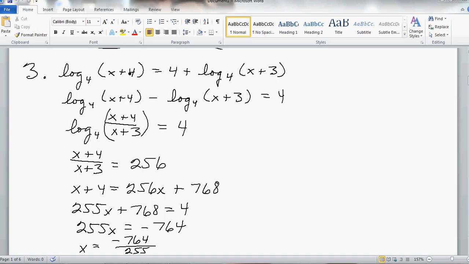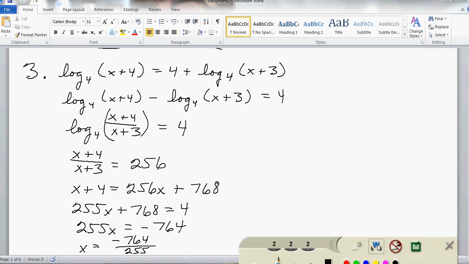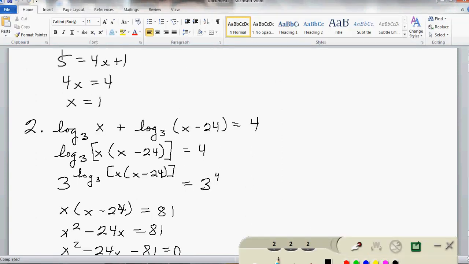So about negative 3 plus 4, yeah, that's still positive. It's slightly greater than negative 3, so this would be negative 2.9 or something like that. Plus 1, yeah, it's still positive, and so that does work. And so the final answer is negative 764 255ths.